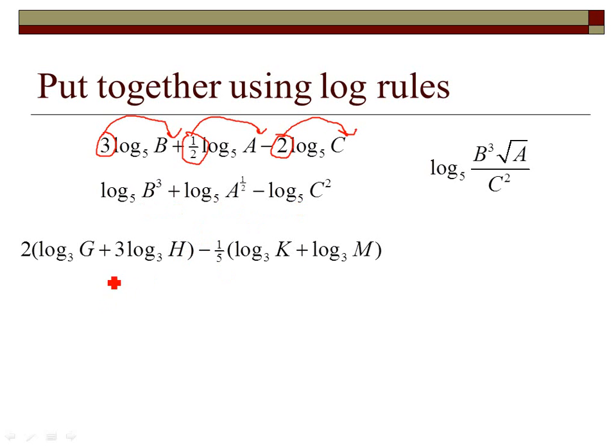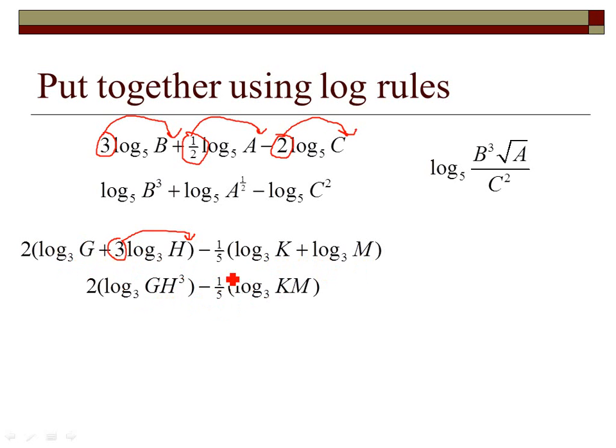Okay, this one looks pretty nasty. So again, I'm going to take this 3, move him up to the front. And because I've got a product, I've got g plus h cubed. When I add my exponents, that makes it a product. So log base 3 of k plus log base 3 of m becomes log base 3 of km.